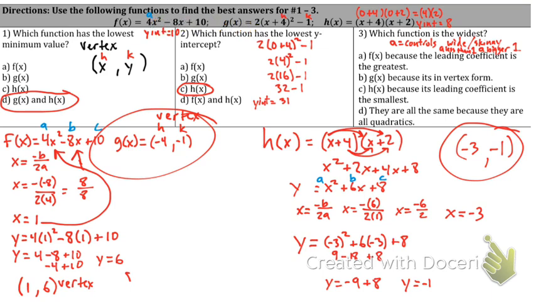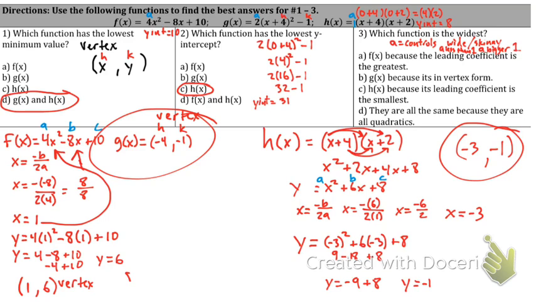Over here, my a value, which is this guy, is 2. So that means g of x is slightly wider than f of x, because g of x is a smaller number, okay? Our a value over here is actually 1.